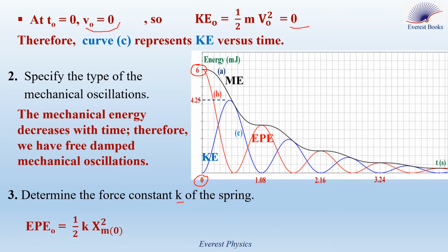So we can use this formula: EPE at t equals 0 equals 1/2 k xm0 squared. Then substitute for EPE0 equals 6 times 10 to the power minus 3 joules, and xm0 is equal to 0.1 meter. Therefore, k is equal to 1.2 newtons per meter.